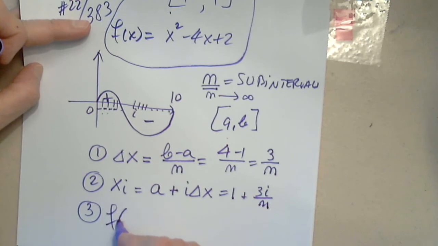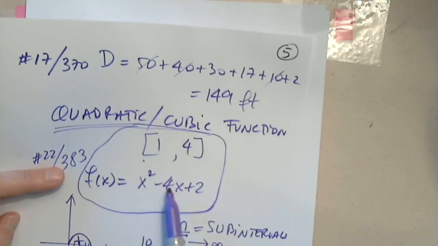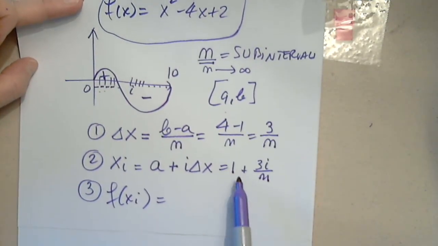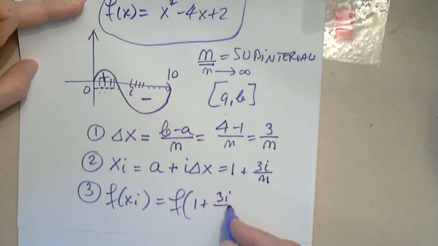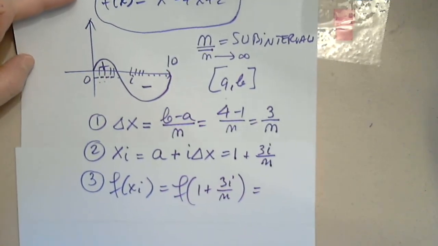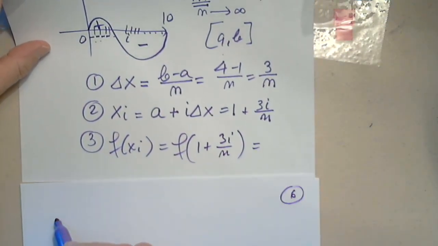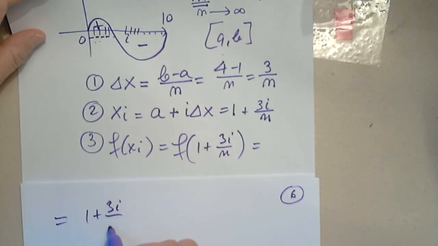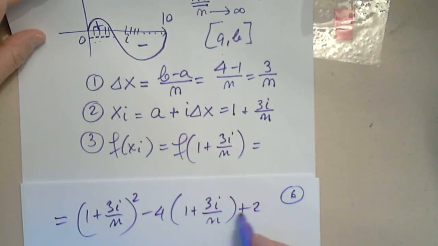Next, we have to find f of xi. So in our function, where I see x, I will replace x by 1 plus 3i over n. So this is f of 1 plus 3i over n. So then, 1 plus 3i over n, everything squared, minus 4 times 1 plus 3i over n, plus 2.